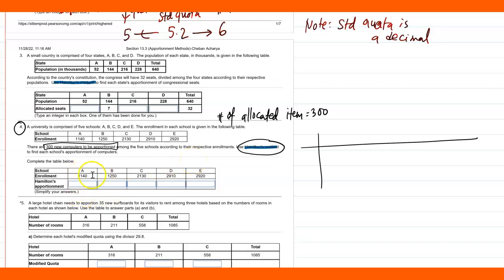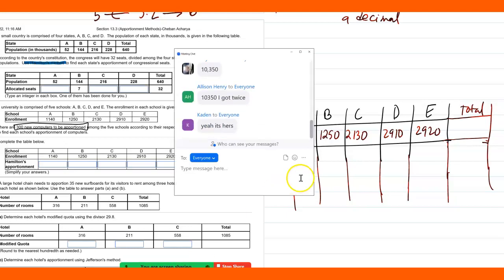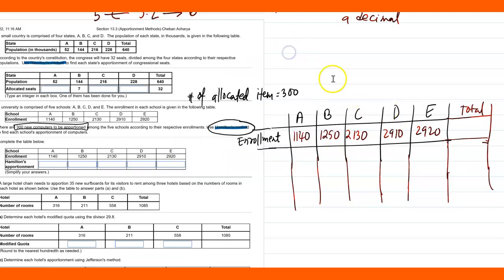In the meantime, can one of you add all 5 numbers and tell me what the total population is going to be? I leave a bigger column here because I need more rows at the bottom. The total enrollment is going to be 10,350, correct?